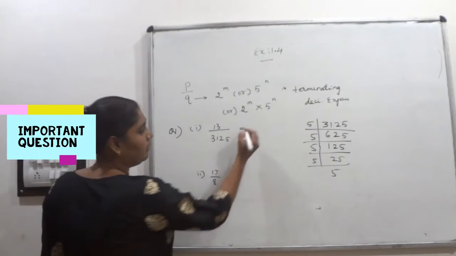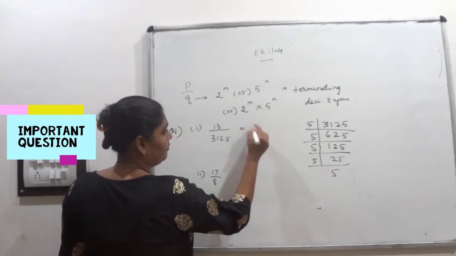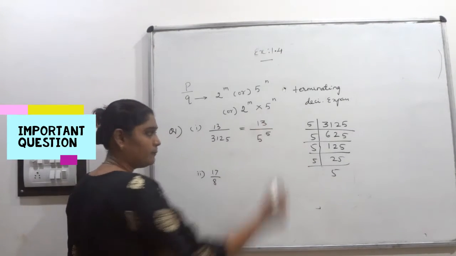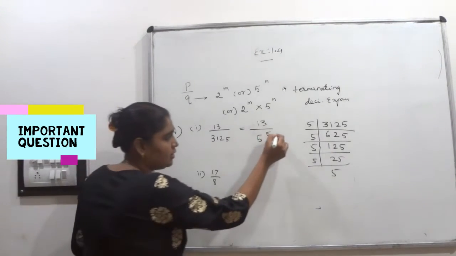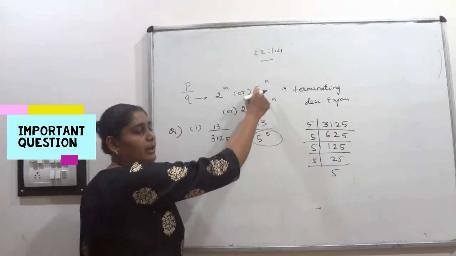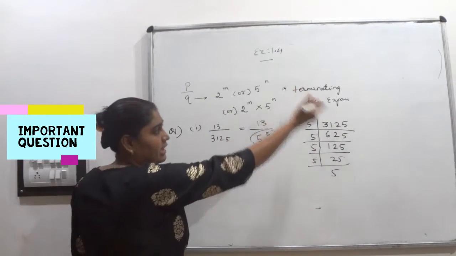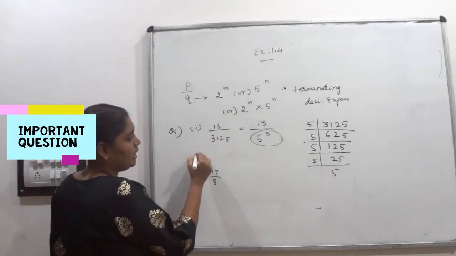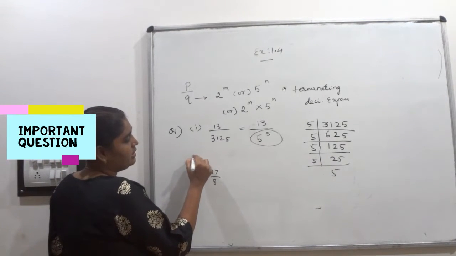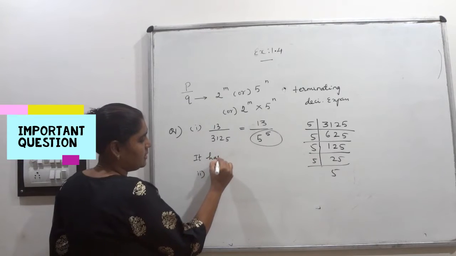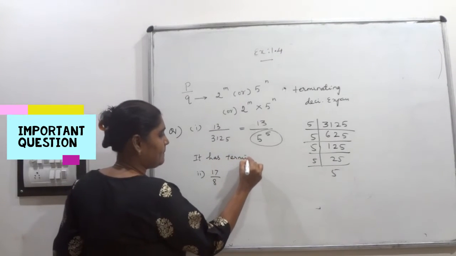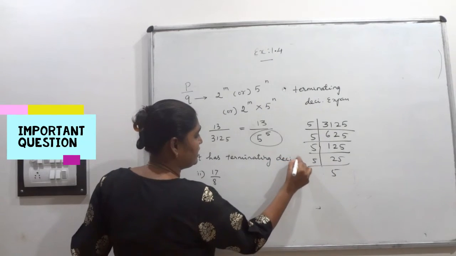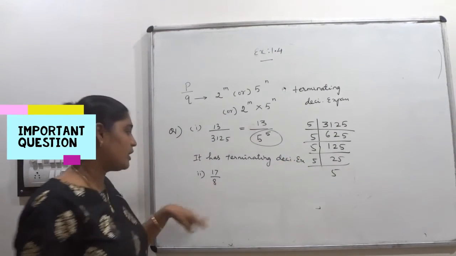So we can write it as 5 power 5. And here the numerator is 13. Now check the denominator. It is in the form of 5 power n, so we can tell that it has terminating decimal expansion. That's all. Write it here: it has terminating decimal expansion.